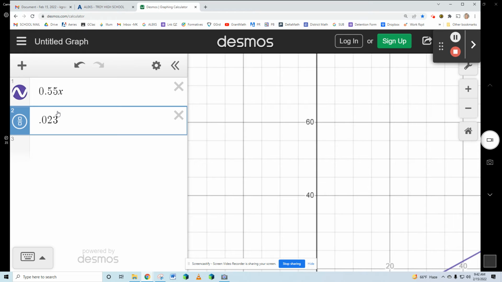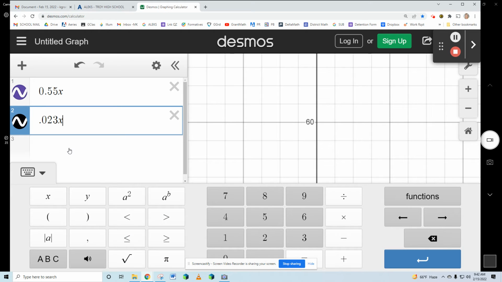That's how you get to the x squared. Click on the little keyboard on the lower left, type x, and then click on squared. That gives you the little exponent of 2. So it's 0.023x squared. Everybody got it?